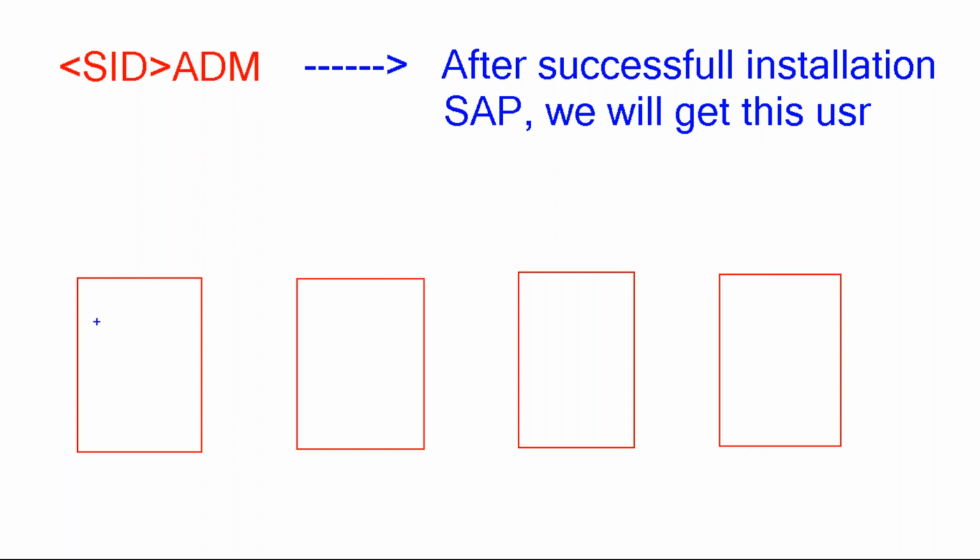This is the system ID, DEV. This is QA, and this is pre-production, and this is production.